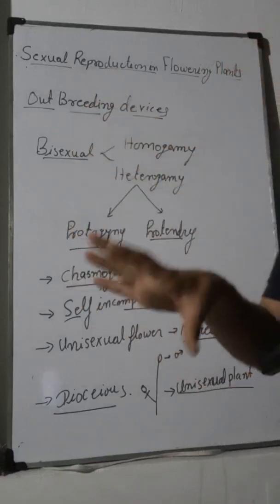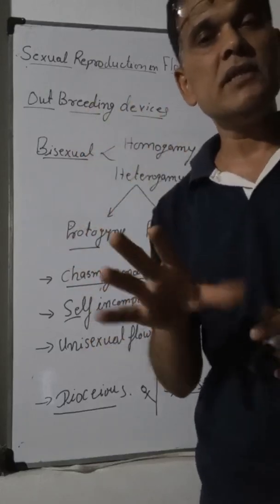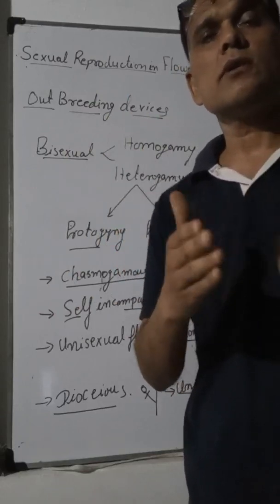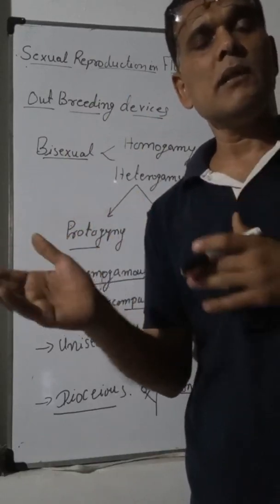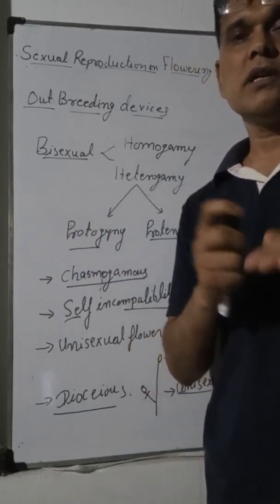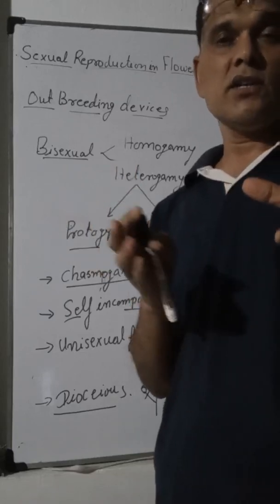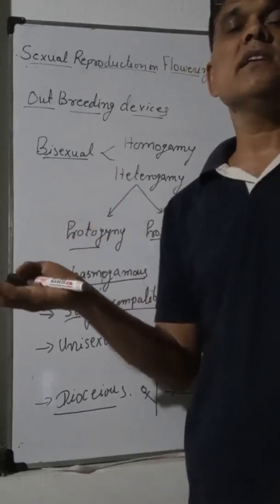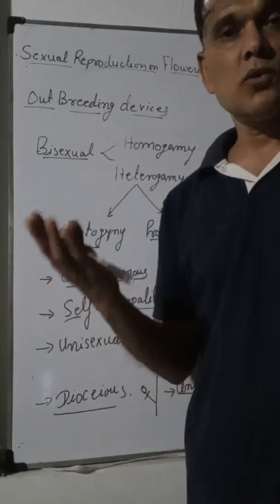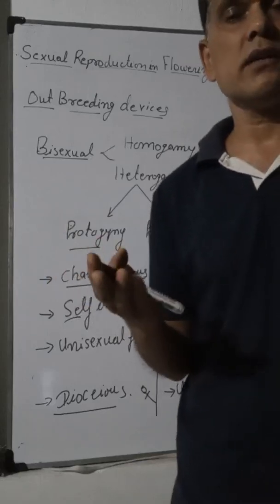Self-pollination also induces inbreeding. Inbreeding means that due to continuous self-pollination for many generations, vigor decreases, genetic variability also decreases, and we cannot produce good characters in plants or good characters in fruits.